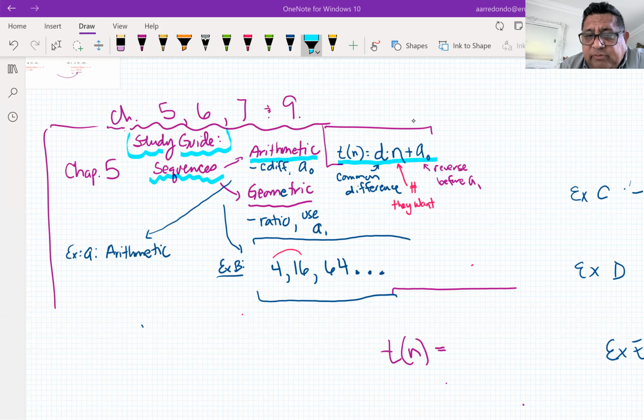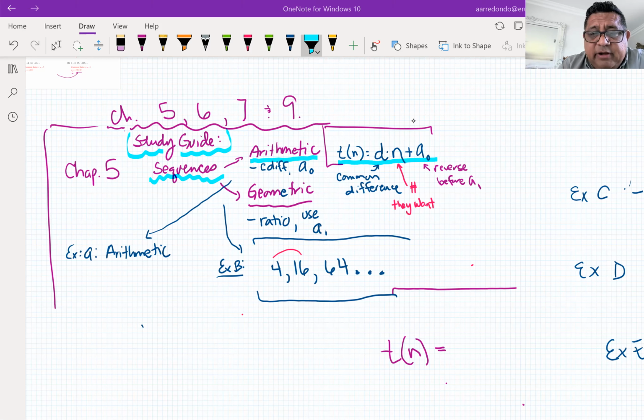That's the one I wrote right here, that you reverse the process so you can say what was before the a sub 1. So write that down. It organizes your thoughts.